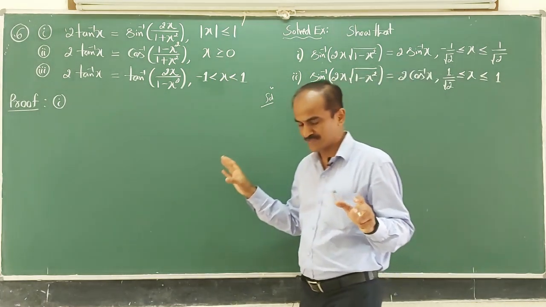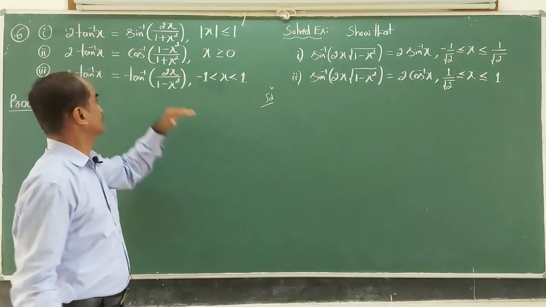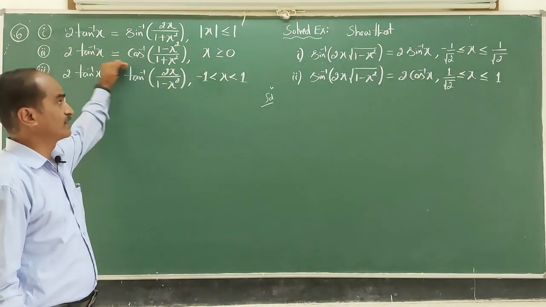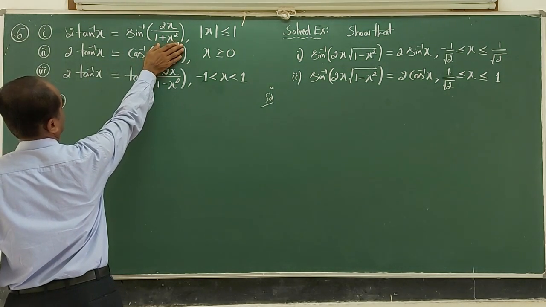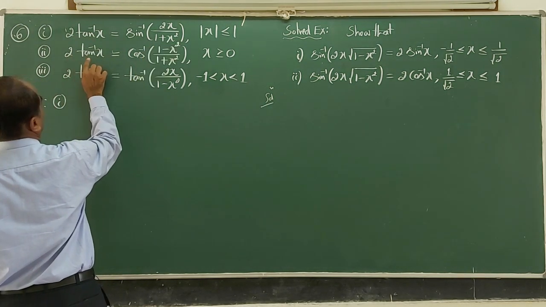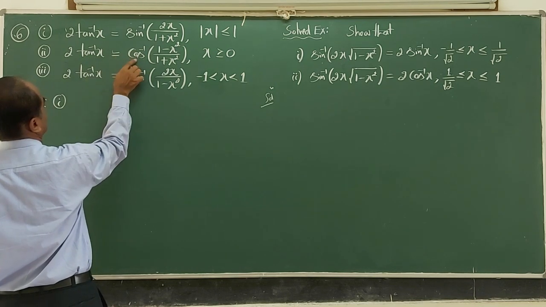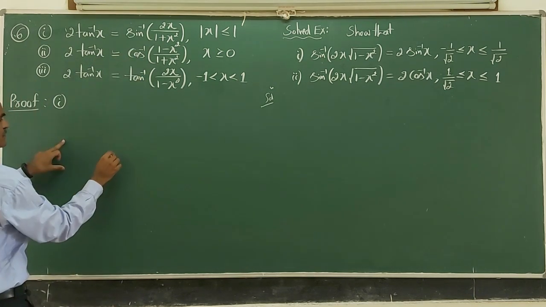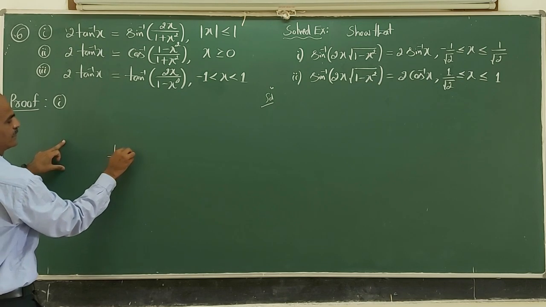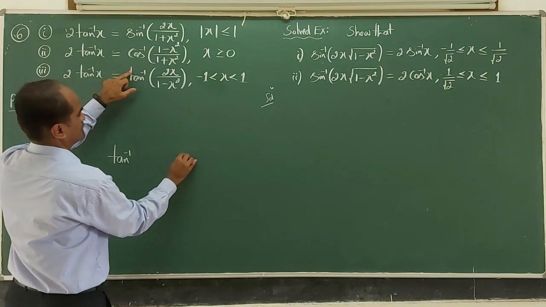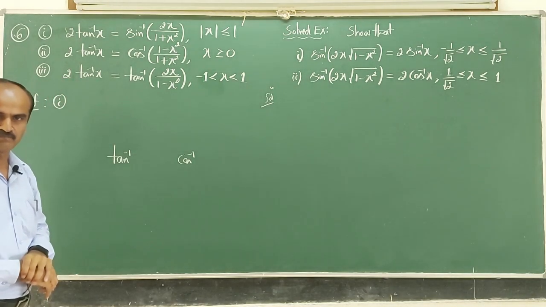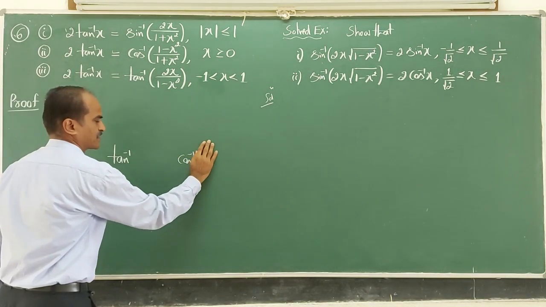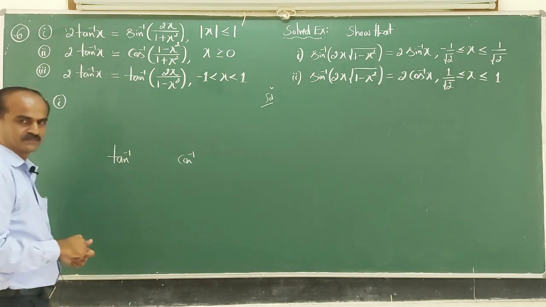The reason is simple why this property doesn't hold for negative numbers. Don't worry about these expressions that are given. You concentrate only on the inverse trigonometric function on LHS and RHS. In the LHS, tan inverse function is there. On the right hand side, cos inverse function is there. Whatever may be the expression, finally you will get some real number there.